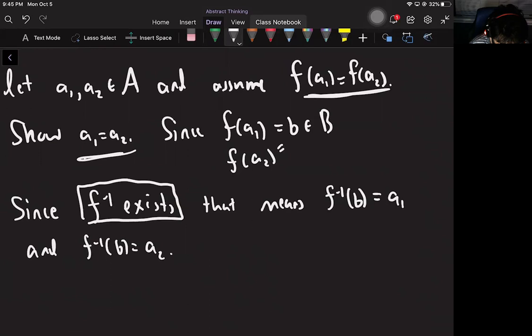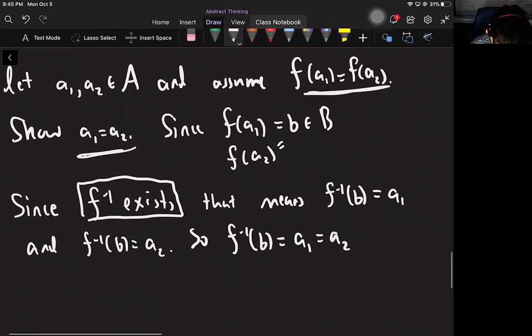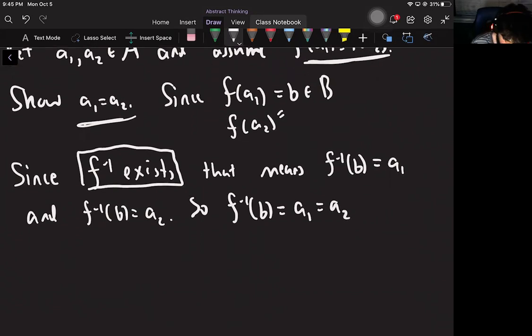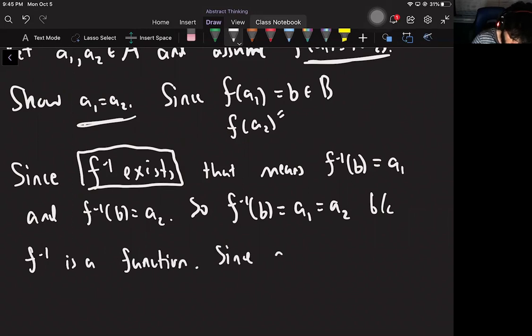So since it's a function, every element can only go to one thing. So b cannot go to two different things. It can go to only one thing. So that means that the two things that it's going to must be the same. Otherwise, f inverse wouldn't be a function. And so I've proven what I wanted to. I've shown that a1 equals a2, so f is injective.